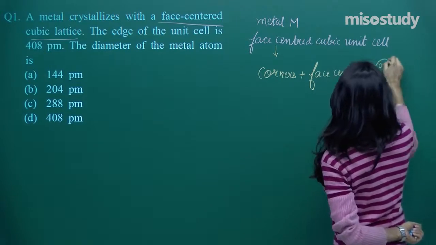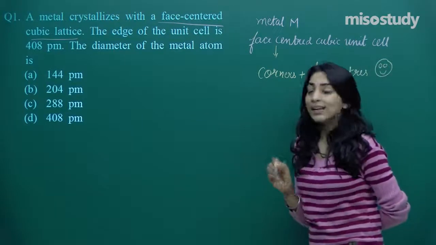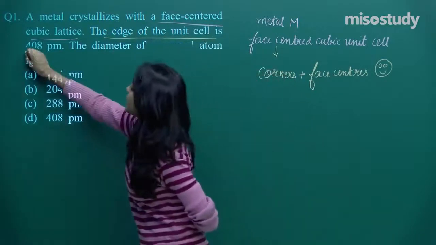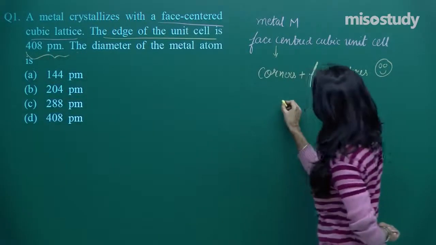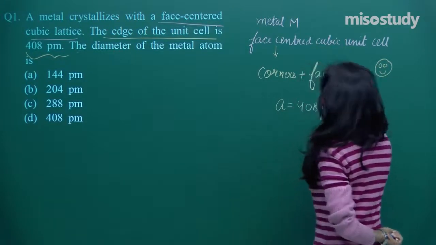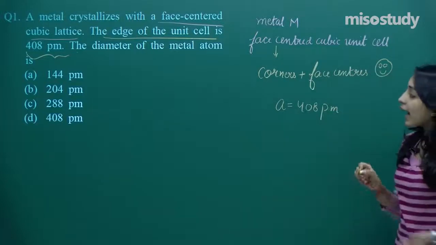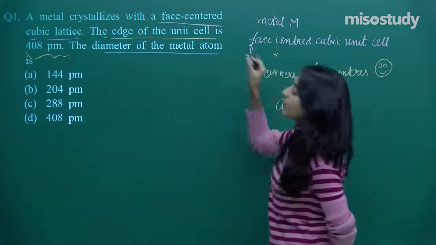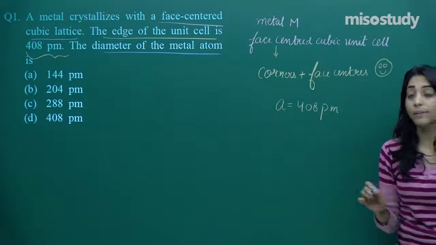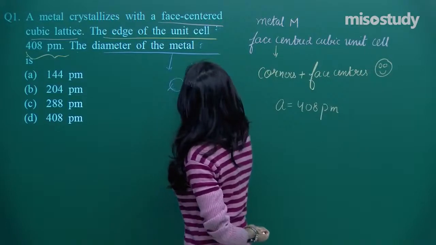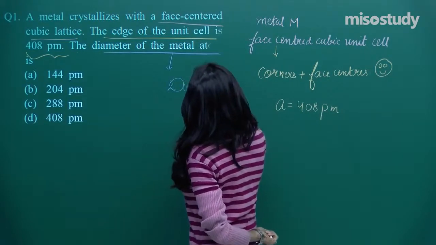Moving further, it says that the edge length of the unit cell is 408 picometers. That means the edge length is given to us as 408 picometers. And the question is, you need to calculate the diameter of the metal atom. So what we need to calculate is the diameter.